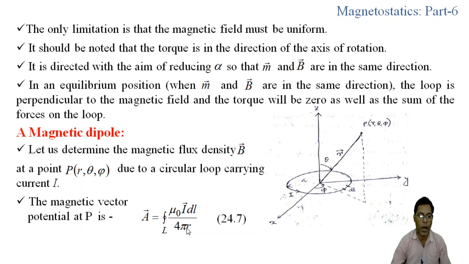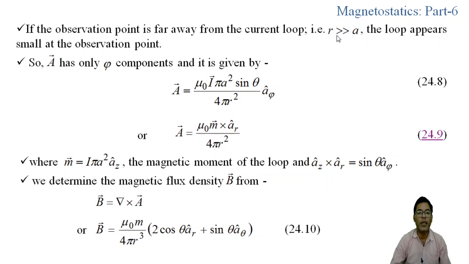Now if the observation point is far away from the current loop, then the distance r will be very large compared to the radius a of the loop. So if r is much greater than a, the loop appears small at the observation point.